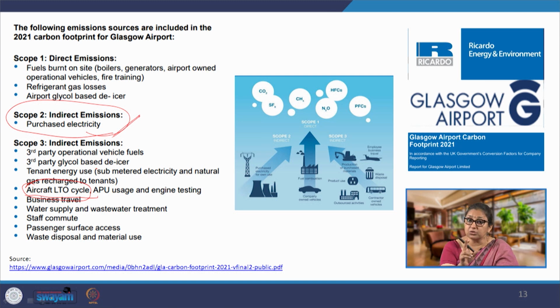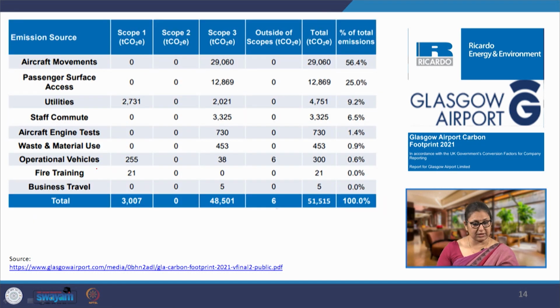If there is a shorter route, if it is efficient, then the LTO cycle for airplanes will be much shorter, and hence there will be a significant impact on the emissions coming from the LTO cycle.